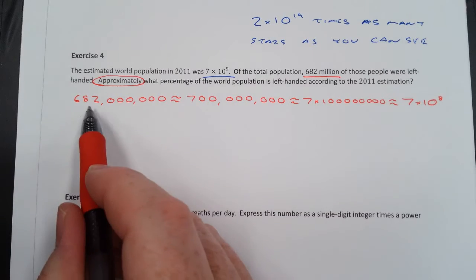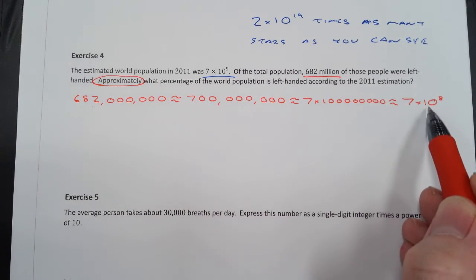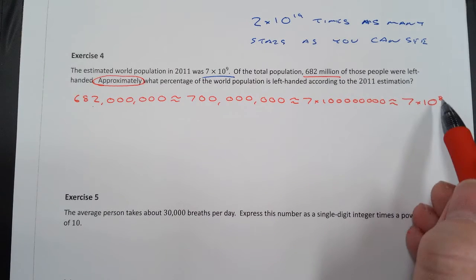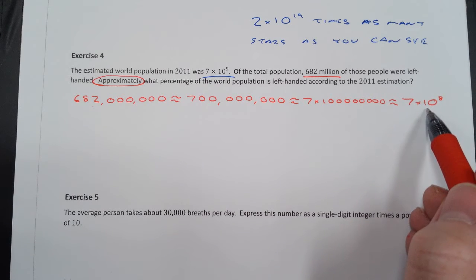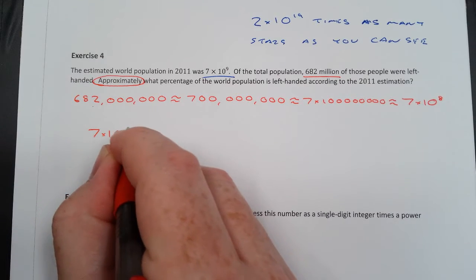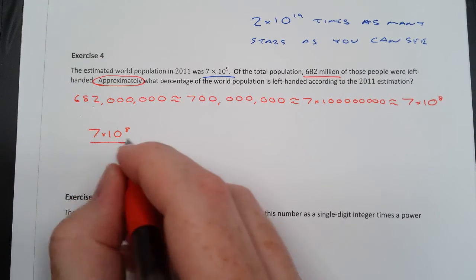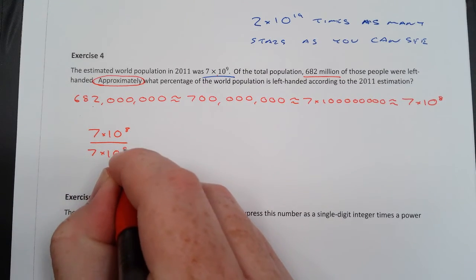So I take this, say it's close to 700 million, and then I just write 700 million with a place value using a base 10. So this is about how many left-handed people we have. To find the percentage, we take the left-handed people and divide by all the people. That's how we get a percentage.